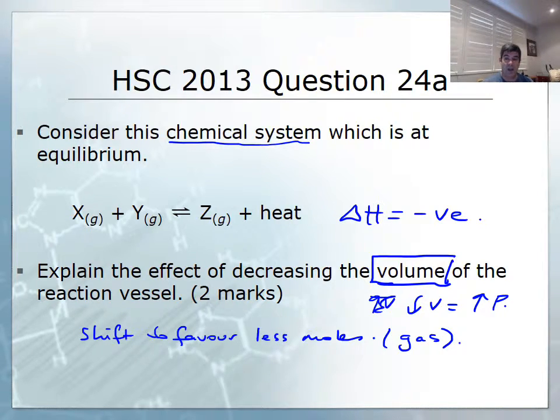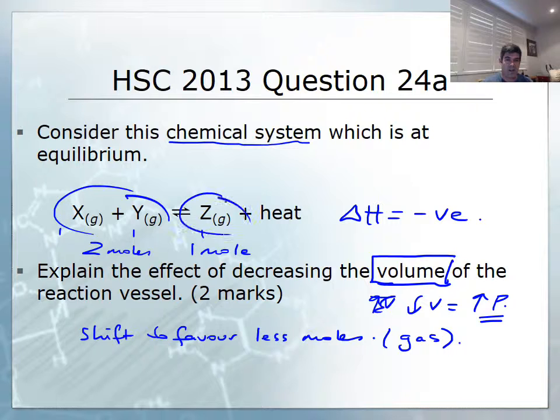And if we've got an increase in pressure, then what we want to do is favour the smaller number of moles. So on this we have coefficients of 1, 1 and 1. So that means there's 2 moles of gas molecules on the reactant side, but only 1 mole on the product side. And therefore the equilibrium will shift to the right.